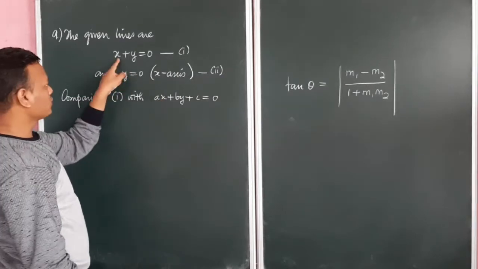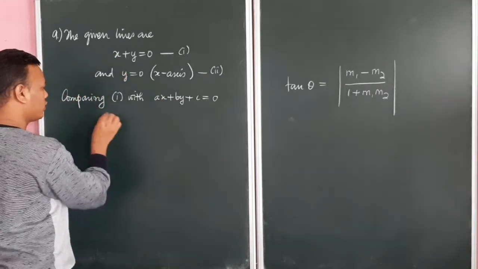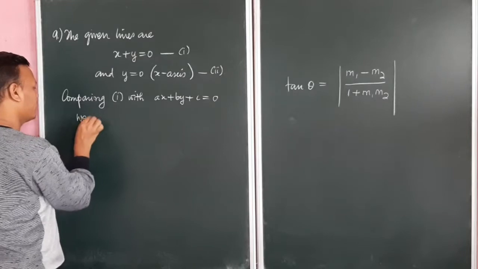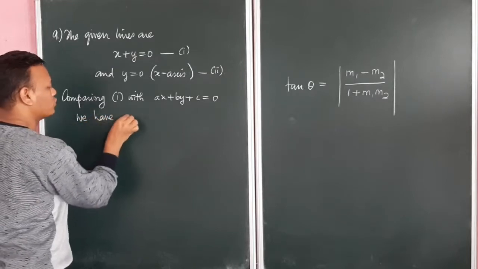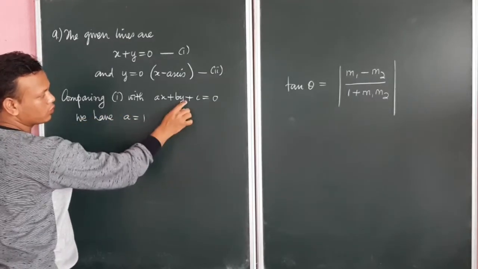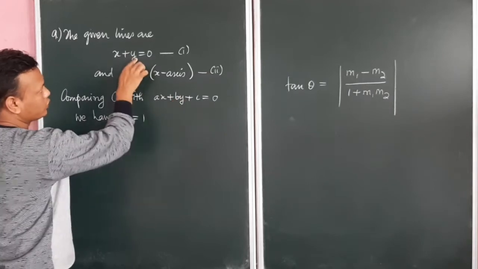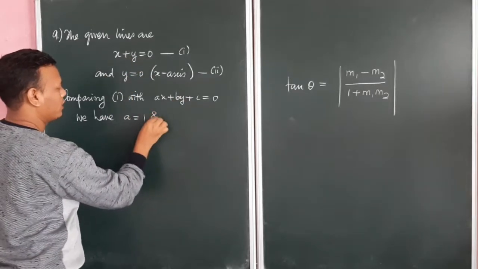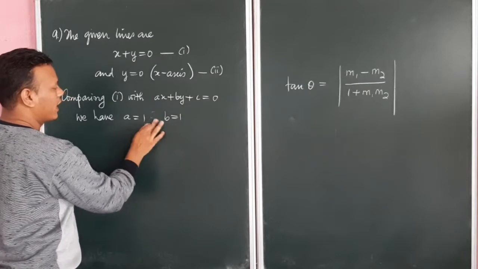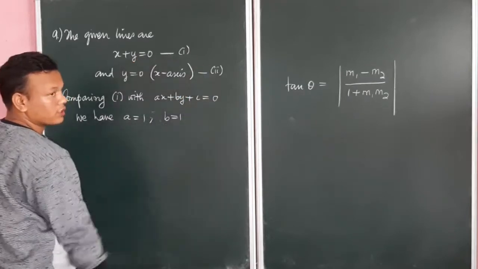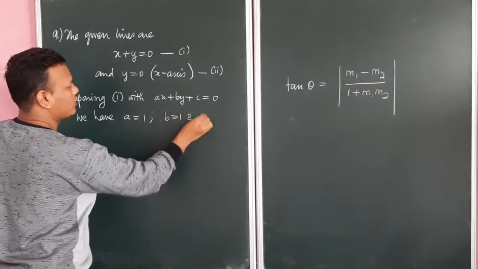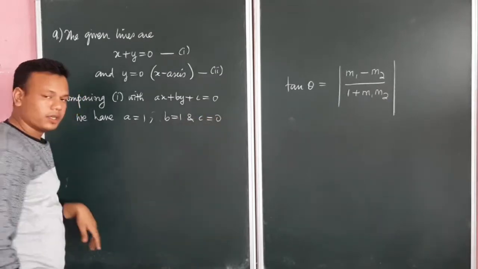It is a. And what is the coefficient of x in equation 1? It is 1, right? So a equals 1. Similarly, the coefficient of y here is b, and in equation 1 it is 1, so b equals 1, and we don't have any constant term here, so c becomes 0.